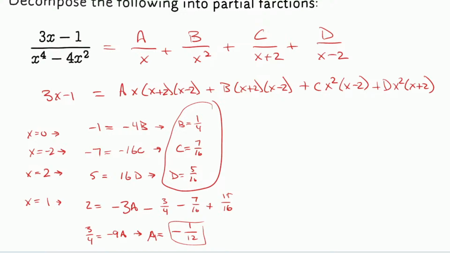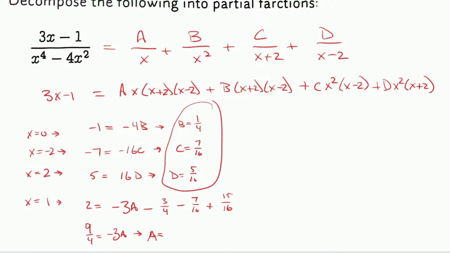Now let's see if I can clean up the rest of this mess. So that means that this is wrong. That means this is wrong. Hold on a minute. So I have -3 here. Let's see. So -7/16 plus 15/16 is 8/16, which is 1/2. 1/2 minus 3/4 is -1/4. -1/4 when you add it to both sides becomes +1/4.